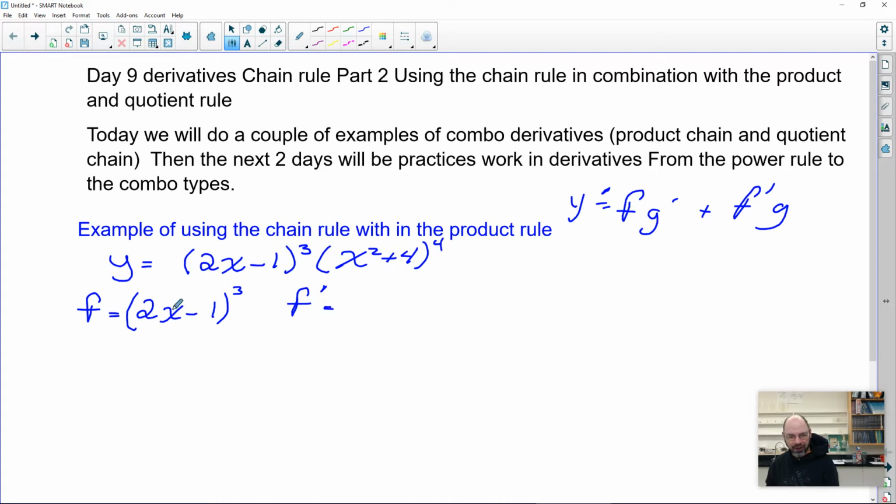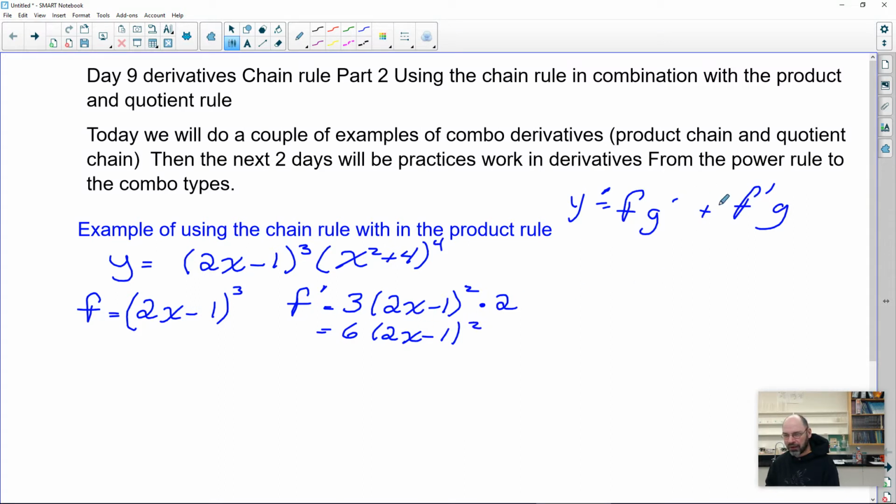If that's our u, we could say 3 out front, and our u is 2x minus 1. Subtracting 1 from the power 3, so that would be squared. And then we have to take the derivative of what's inside the brackets. The derivative of 2x minus 1 is 2 for the 2x. Looking at that, I can simplify it a little bit to 6 times 2x minus 1 squared. So that's f prime.